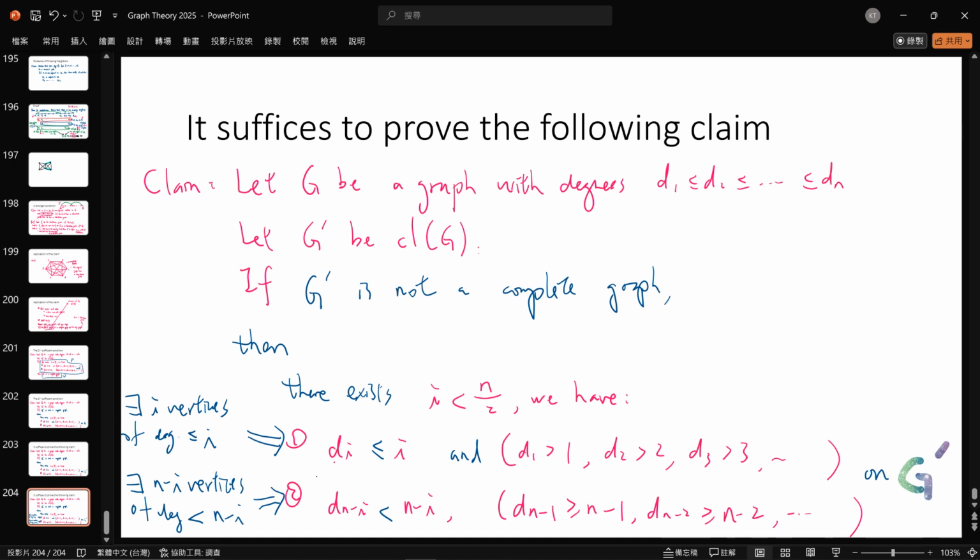Okay, so the intuition is that if you can find lots of vertices of small degrees, then this di cannot be too large. Similarly, if you can find n minus i vertices which have small degrees, then d n minus i cannot be too large.